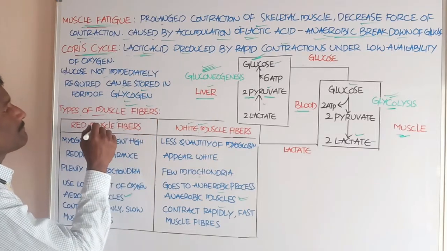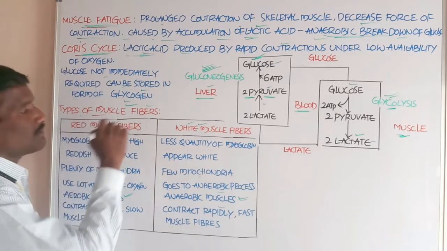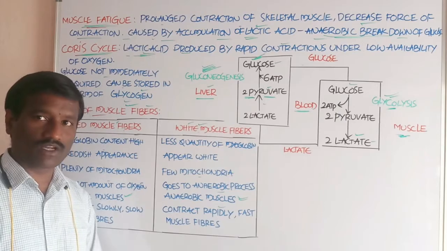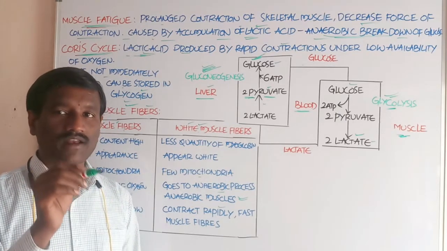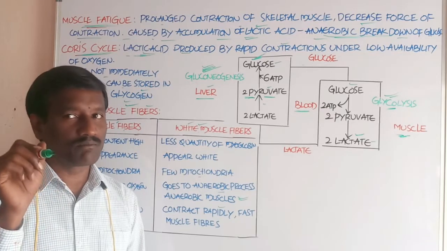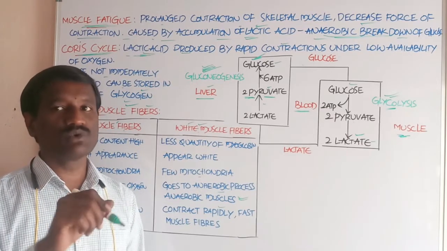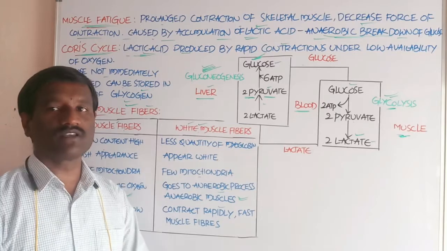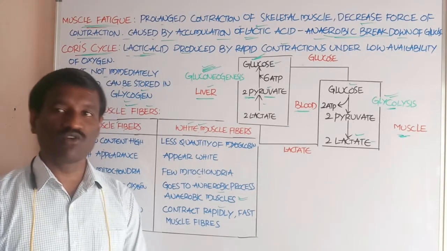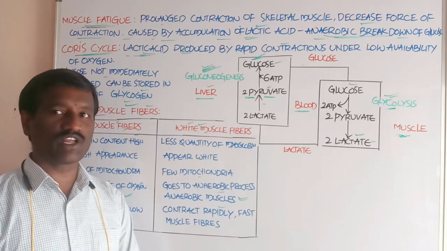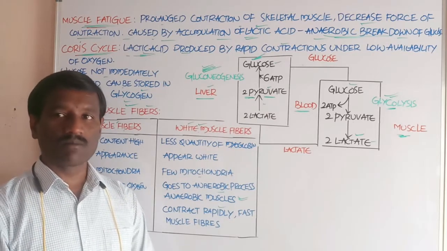Now, the types of muscle fibers. Muscle contains an oxygen-storing pigment that gives color to the muscle, called myoglobin. Myoglobin is the oxygen storage pigment present in the muscle.